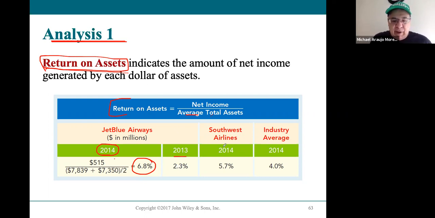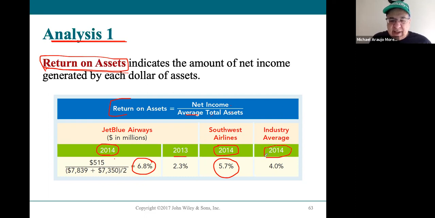Okay, compare that with Southwest Airlines in 2014. Hey, Southwest is nothing to be shy about either. 5.7 is also an excellent return on assets. Again, this is the amount of profit you're making on every dollar of total assets. This is awesome as well. Okay.